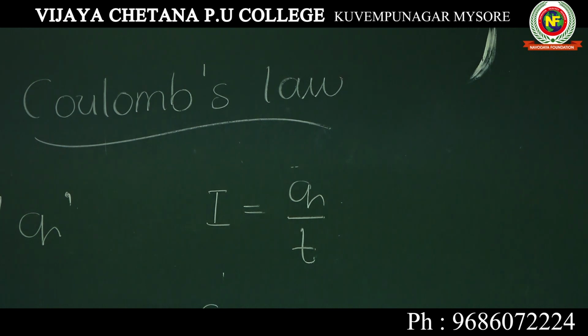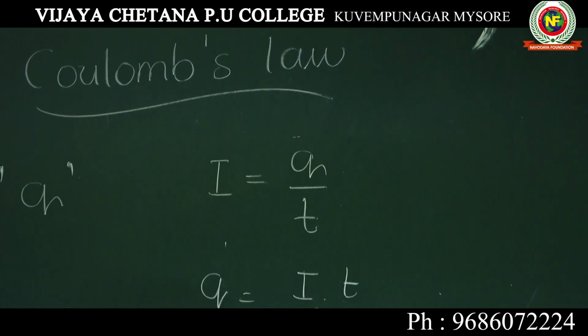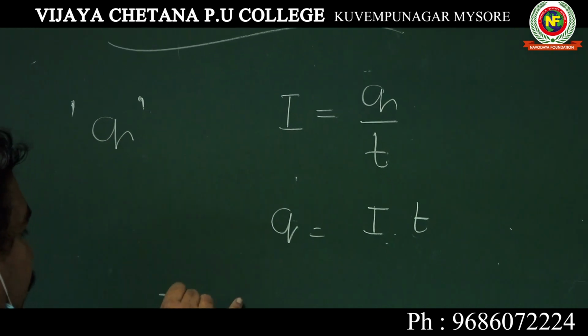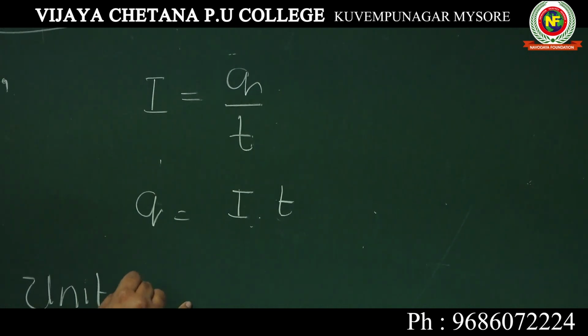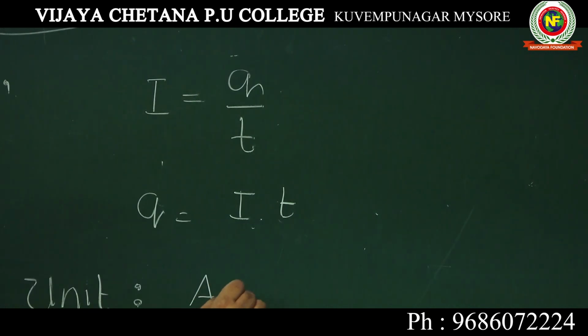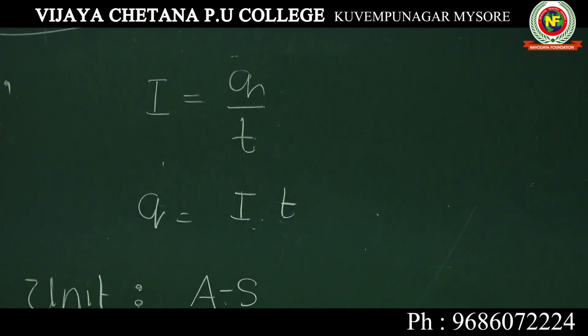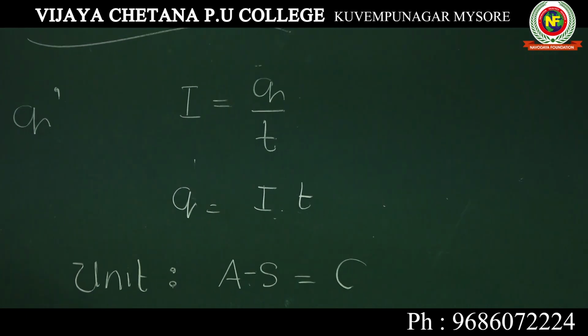Therefore, charge is equal to current into time. So the principal unit of charge must be ampere second, current into time. But that ampere second is itself called coulomb.